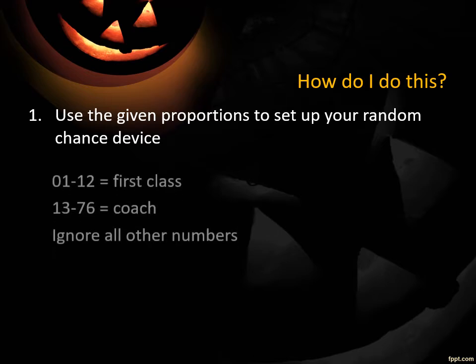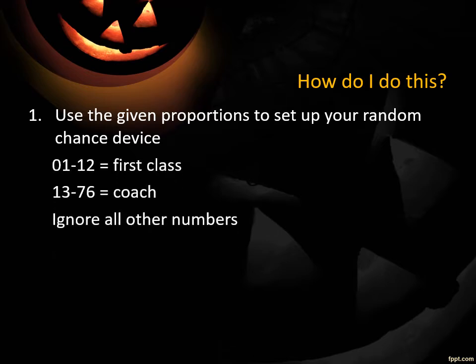The way I would set this up is I would say 01 to 12 are going to represent first class individuals, and 13 to 76 are going to represent individuals who are in coach. And then I'm going to ignore all other numbers. So step 1 is just set up my random chance device. And then the next step would really be to say how you are going to do this. And that involves number 2.